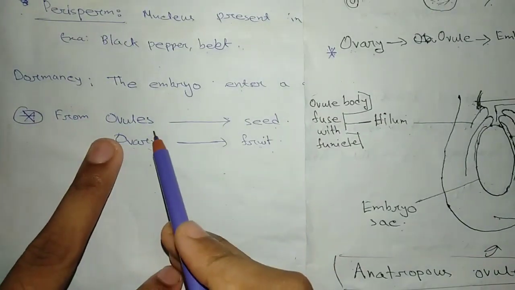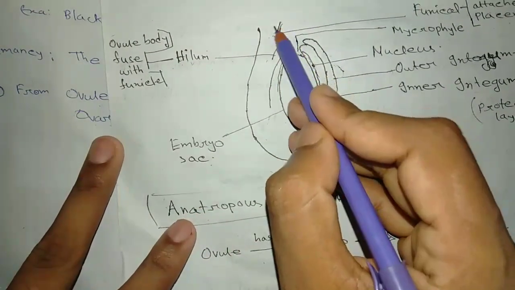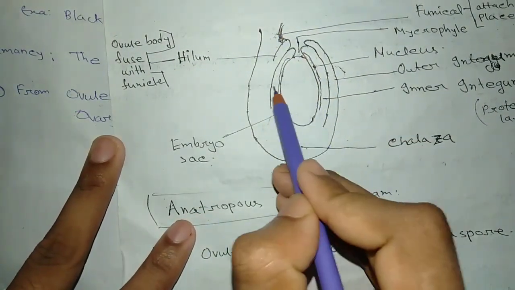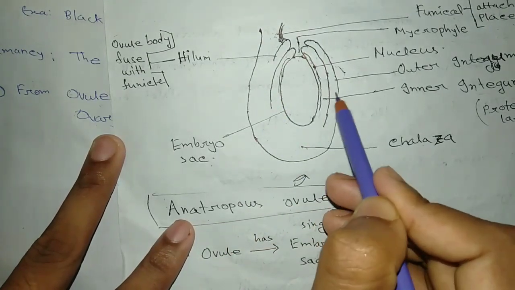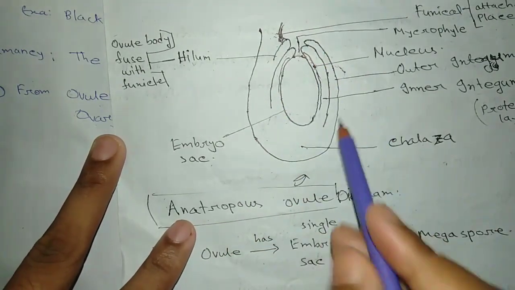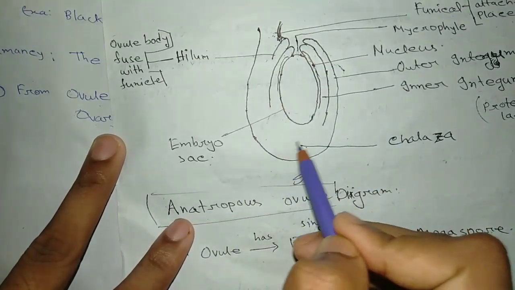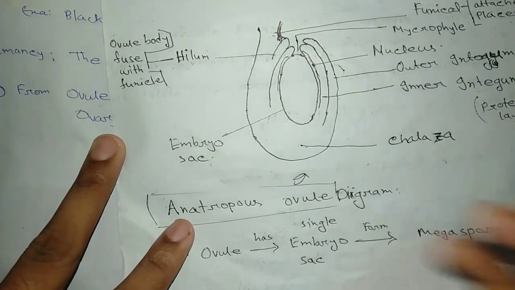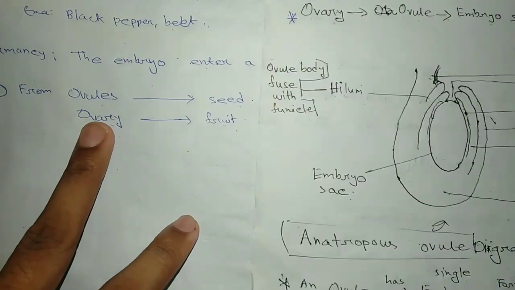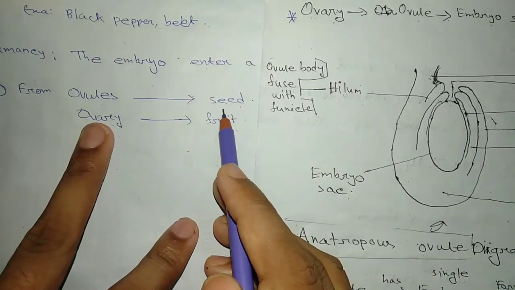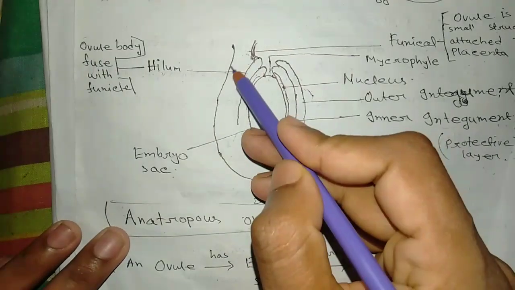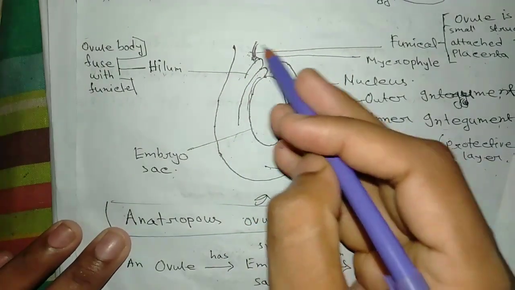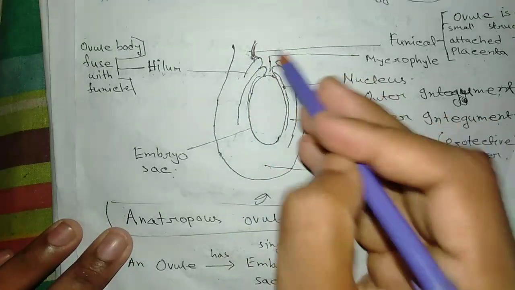And ovules means this inner part. Not this part, this inner part. Remember, this inner part is known as ovule. So this helps to make seed. Okay, it is clear. And this whole part I have told is ovary.